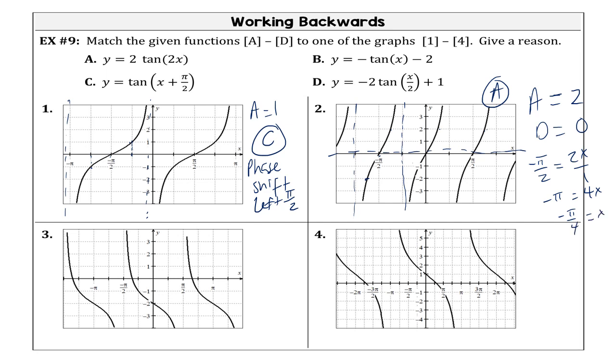Do we have an asymptote at negative pi over 4? Yes. Our period is now a half because our period now equals pi divided by 2 because our B is 2. So we go from negative pi over 4 to positive pi over 4, which means that we did go half of a pi. So it checks out.